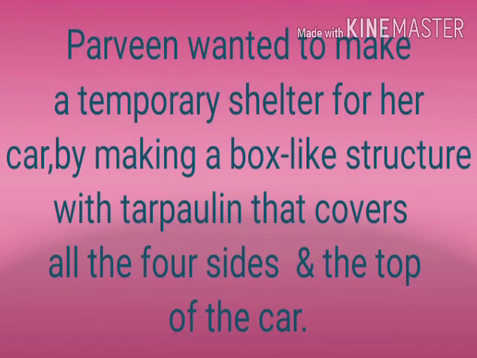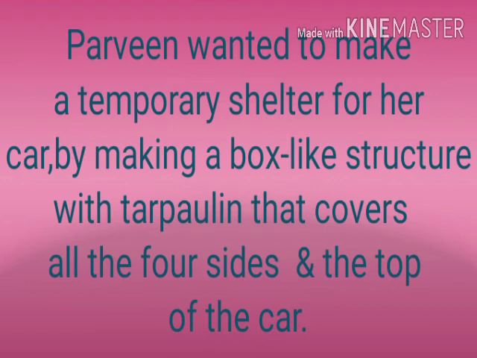Parveen wanted to make a temporary shelter for her car by making a box-like structure with a tarpaulin that covers all the 4 sides and the top of the car, with the front face as a flap which can be rolled up.